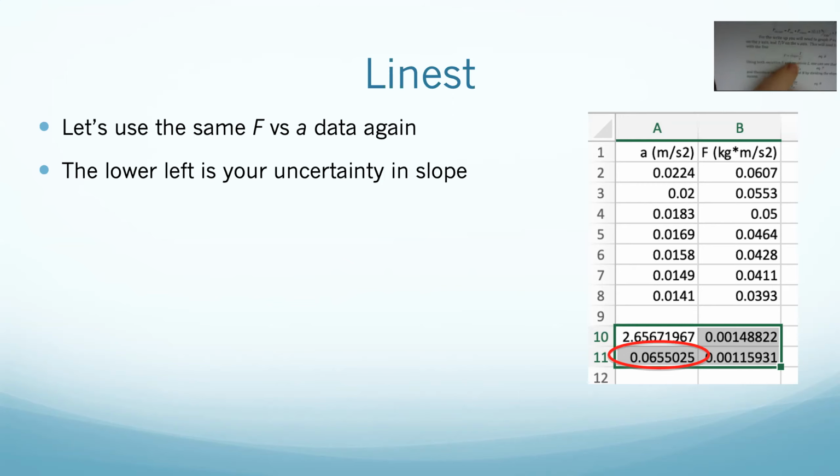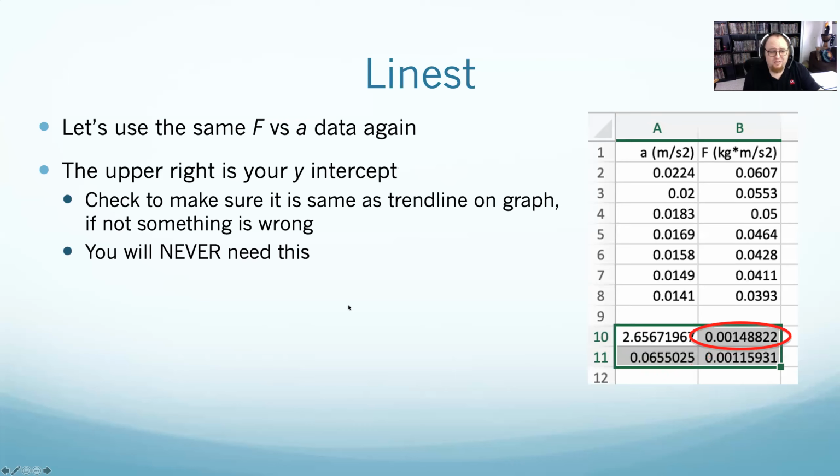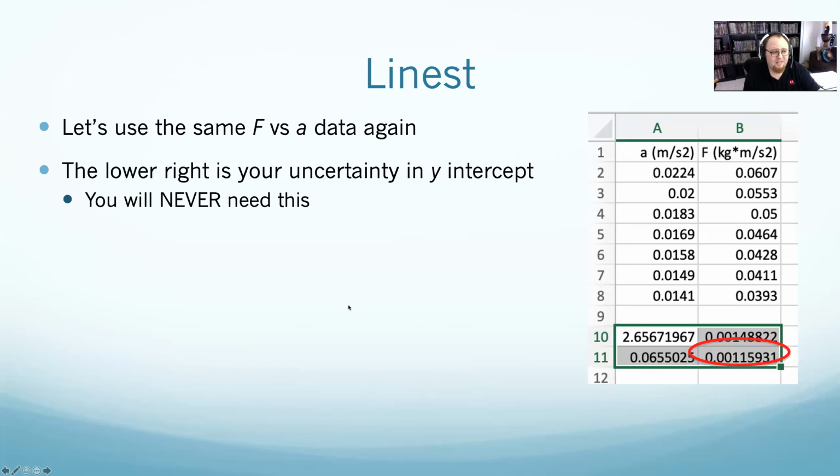That's just showing me how I got to the math to get to the equation that's going to be used. Anytime you have to get the slope, you get it by looking at your graph, the trend line, and the LINEST function. Just so you know, the upper right is the y-intercept, and the lower right is the uncertainty in y-intercept, but we'll never need it.